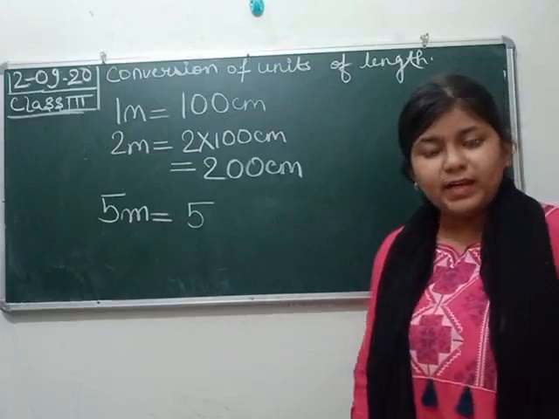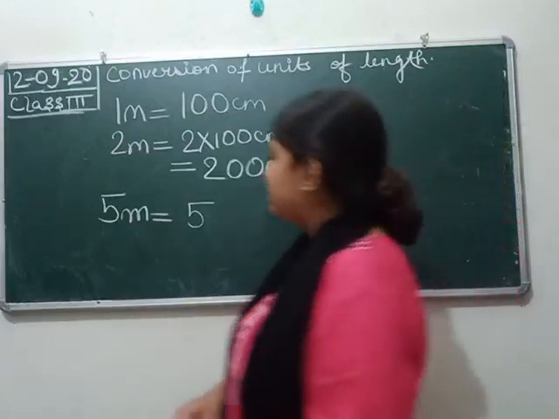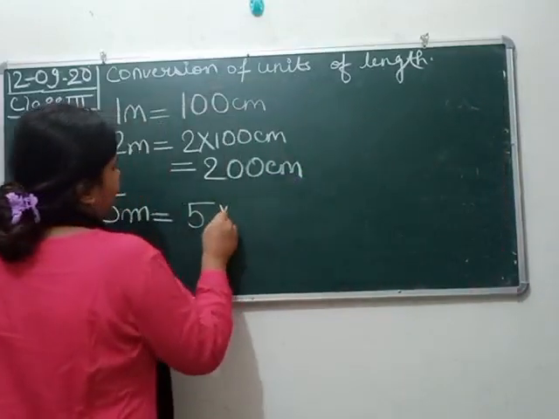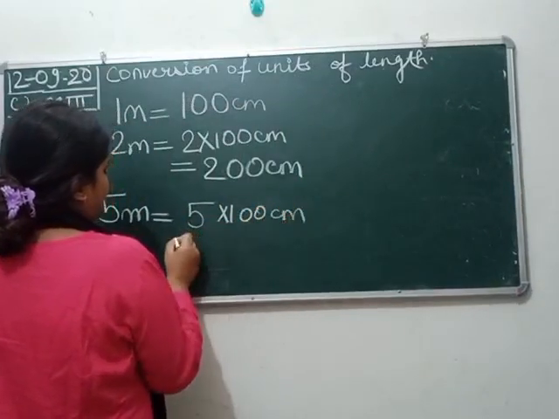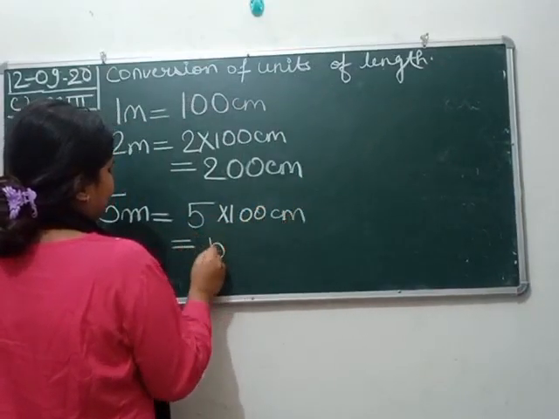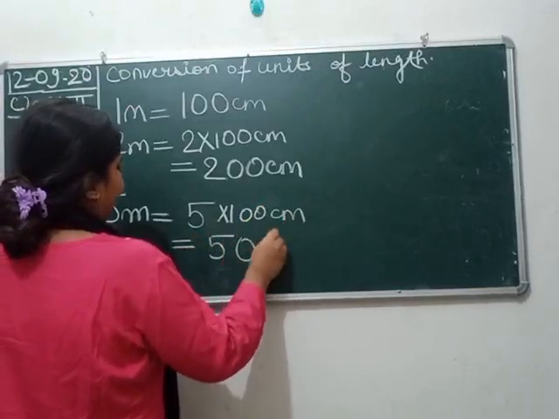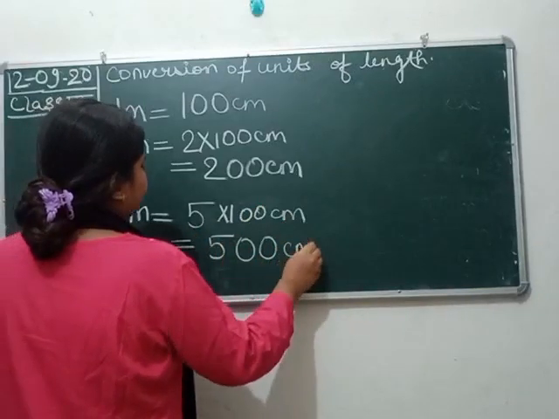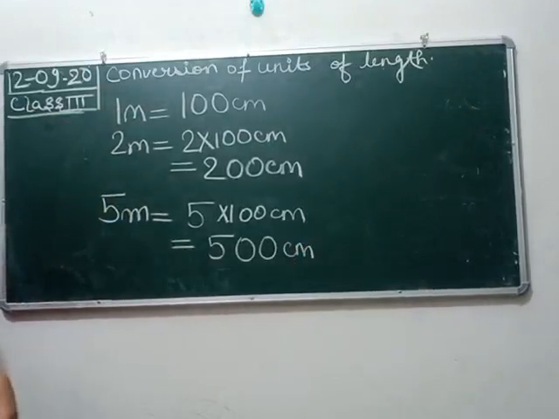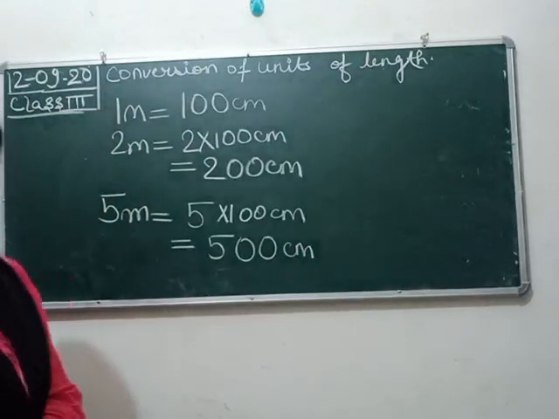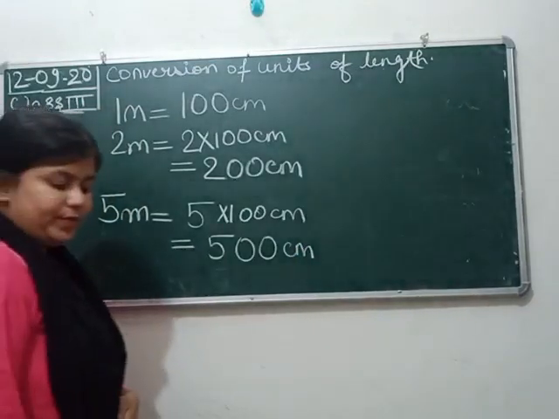So what you will get here? 5 into 100 centimeter is equal to 500 centimeter. This much you understand? Okay, now let us move towards some real questions.